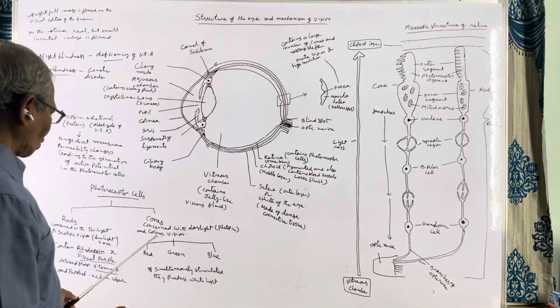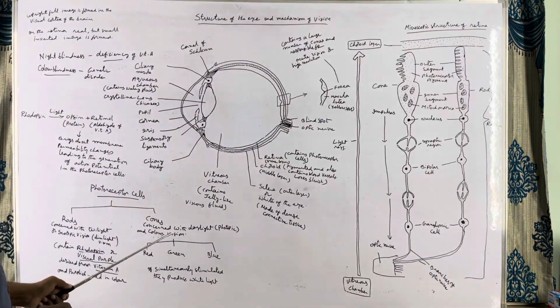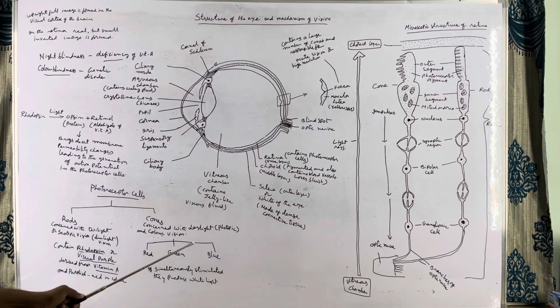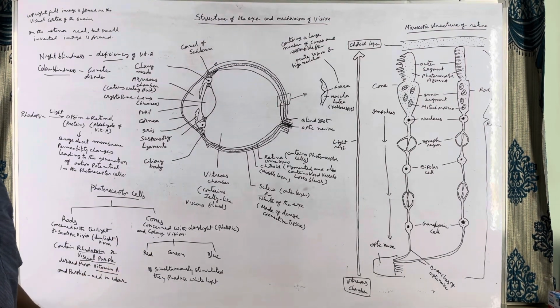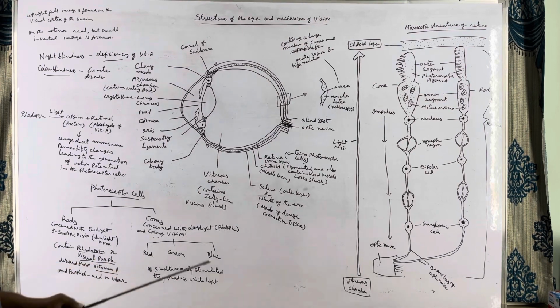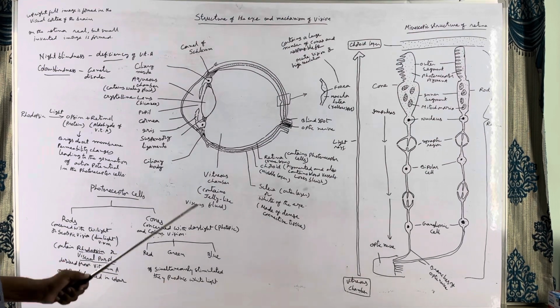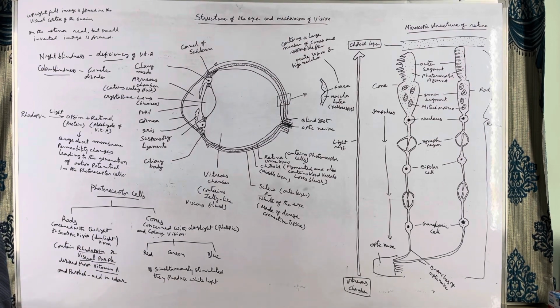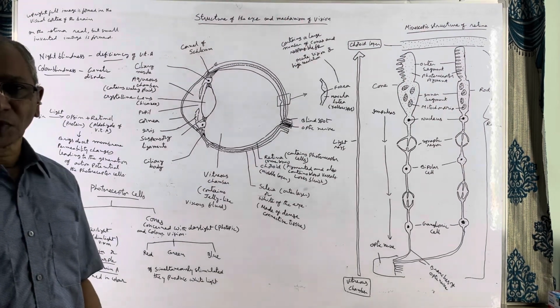Coming to the cones, these are concerned with photopic vision or daylight vision. So rods are concerned with dim light vision, whereas cones are concerned with daylight vision. Cones also serve another function: they are concerned with color vision. We can see colors with the help of the cones.